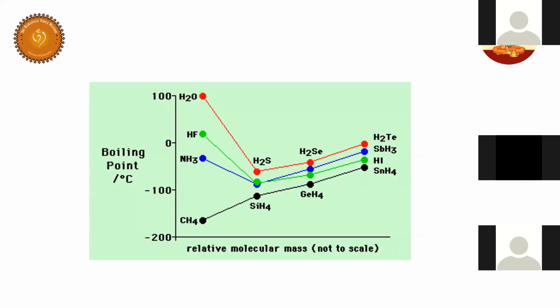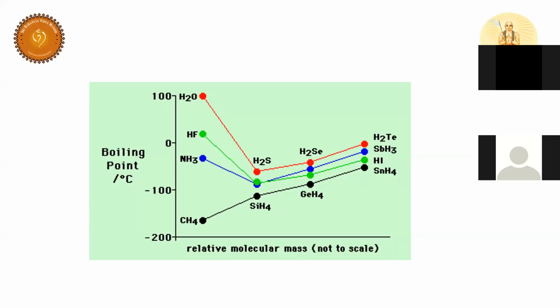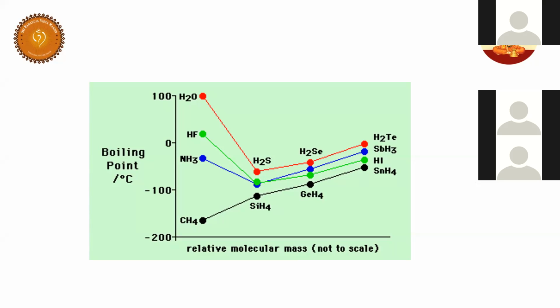Jayashree, Jennifer, why does ammonia have a high boiling point among the other hydrides? Are you there or not? Rasagna? Because of hydrogen bonding. Yes, because of hydrogen bonding.